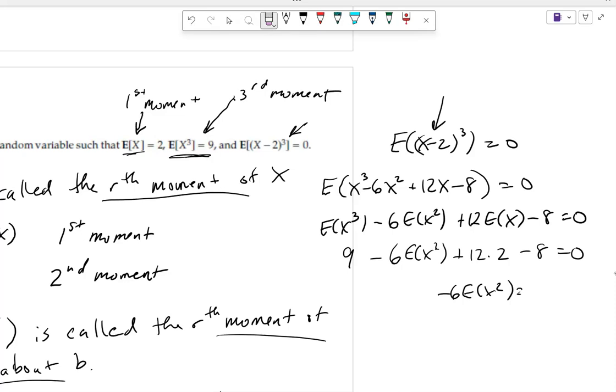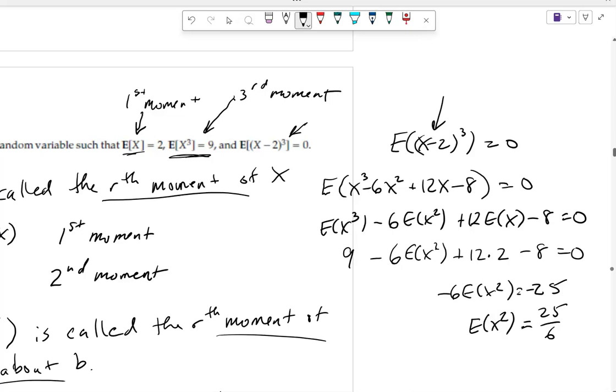Did I do my arithmetic right? Okay. So I'll subtract the 25 over to the other side. We get our expected value of x squared is 25 over 6.